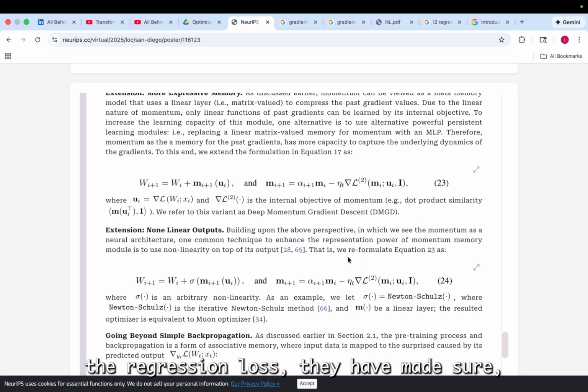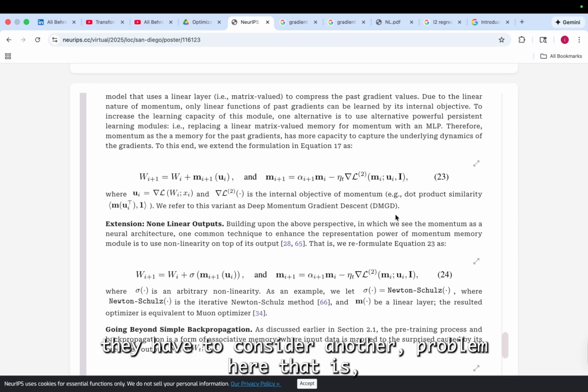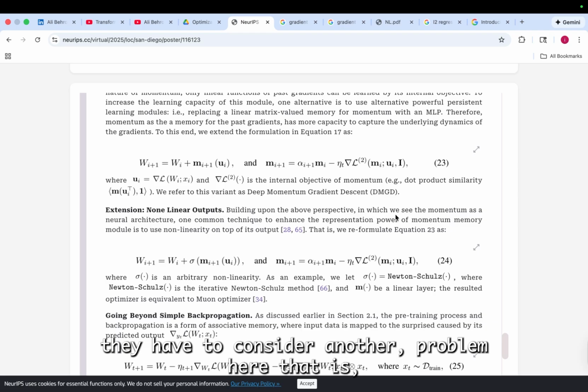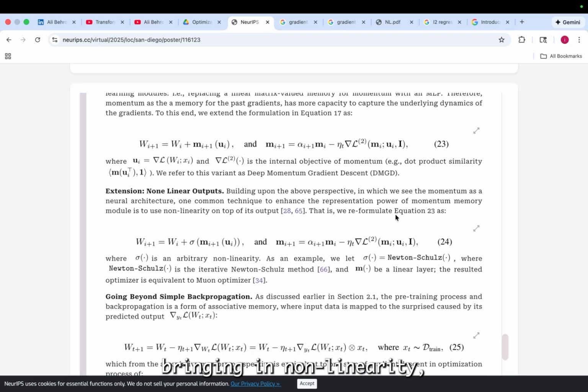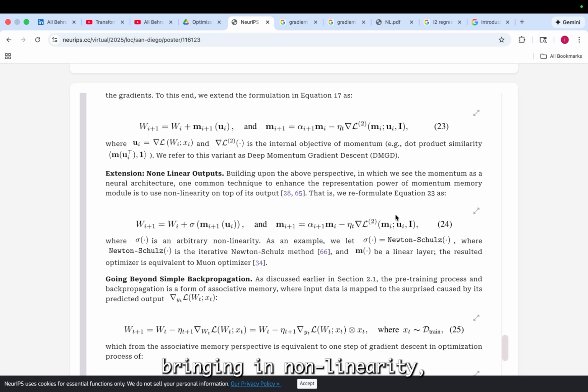They also had to consider another problem here, that is bringing in nonlinear outputs.